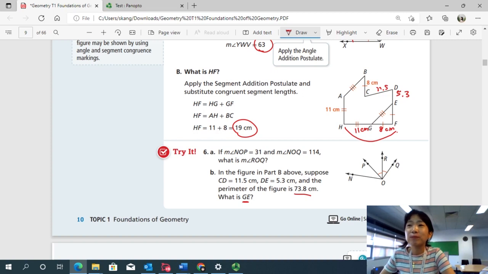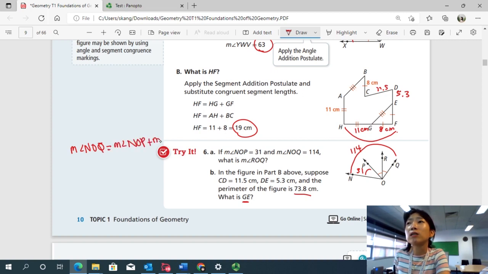Okay, are you ready? Let's start with checking the answer for part A. If NOP is 31 and the entire NOQ is 114, what is ROQ? We know that POR should be equal to ROQ because they have the same number of tick marks, right? So then you can say that measure of angle NOQ is equal to measure of angle NOP plus measure of angle POR plus measure of angle ROQ.